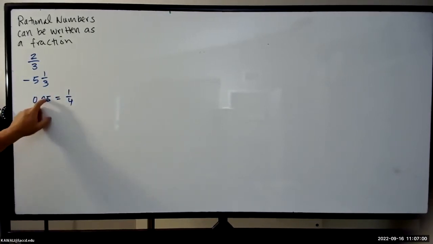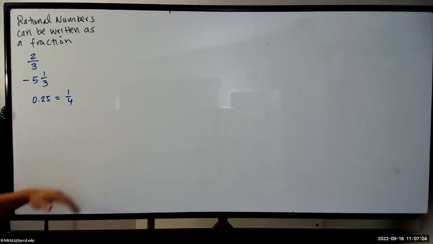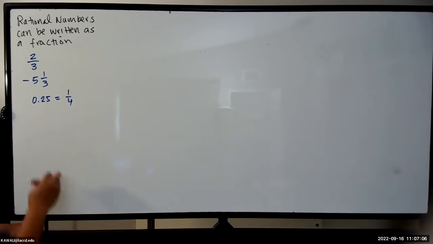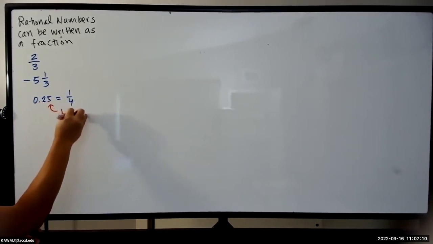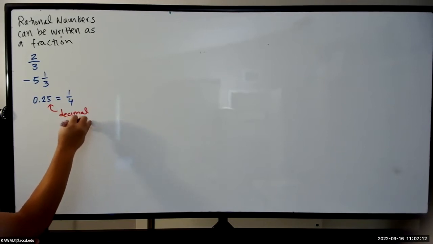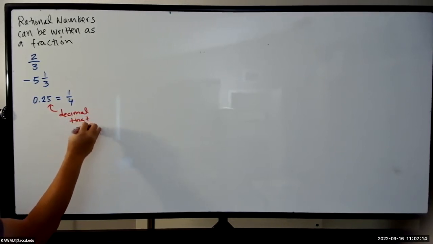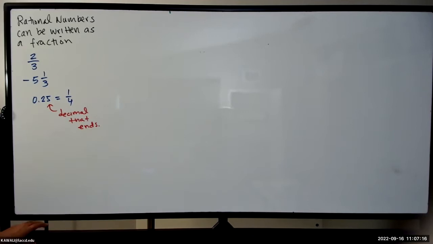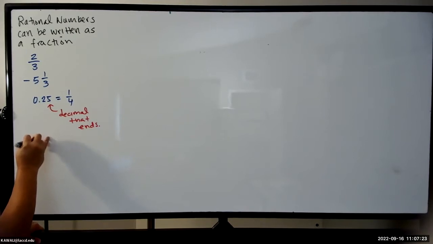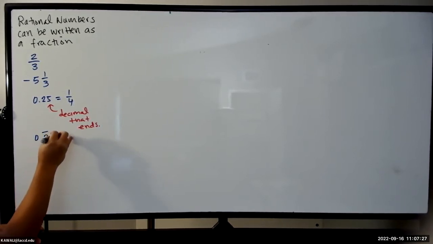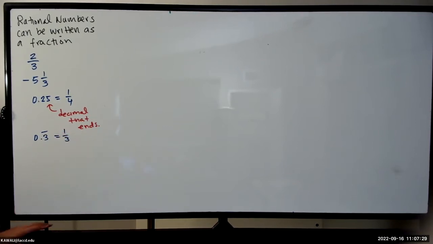So if I have a decimal that ends, this decimal does not go on forever. Or I can have a decimal that goes on forever, but it repeats.